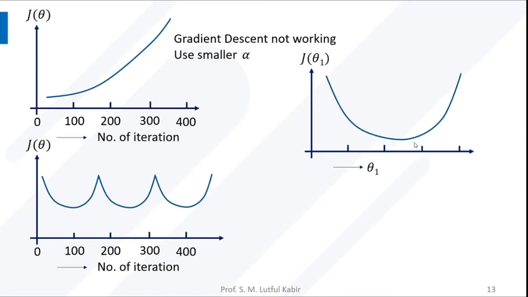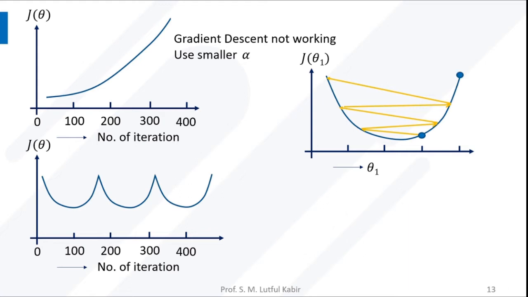If the curve varies like this, the minimum point you are looking for is the theta 1 at which the minimum J(theta) occurs. If you start at a certain point and then start iterating with a large value of alpha, the movement goes like this, the second point will be there, third point will be again there, and if you continuously iterate, you will see it will diverge. That means the problem will not converge at the minimum point.